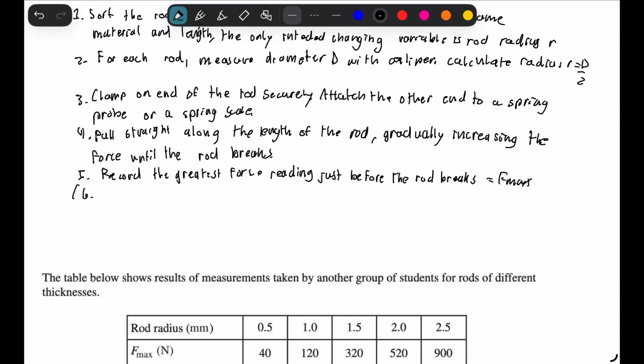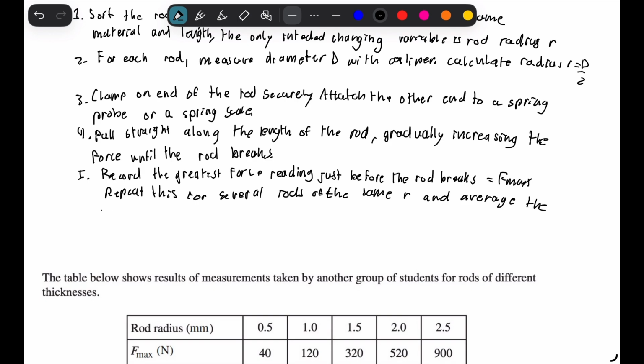Now, we're going to repeat this for several rods of the same R and average the values of F max for that radius.